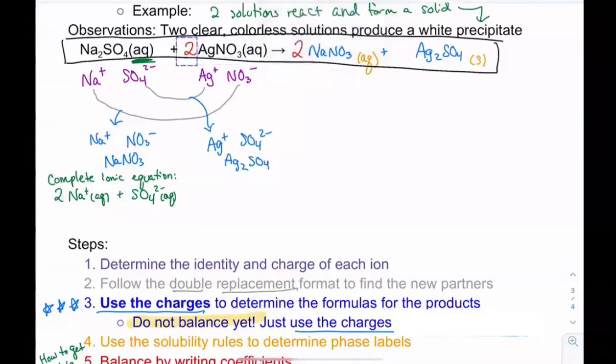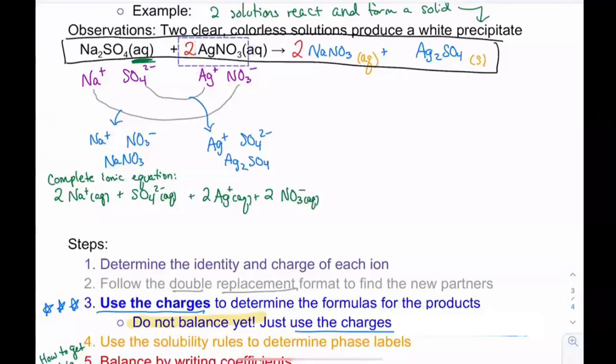Next, I have 2 copies of silver nitrate. So because I have 2 copies, I'm going to get 2 silver ions, and I'm going to get 2 nitrate ions. Remember that a 2 out front applies to everything that comes after it.